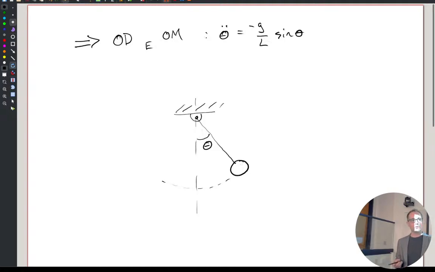Yeah. There would have to be air resistance, friction, viscous damping. What are all those terms a function of?